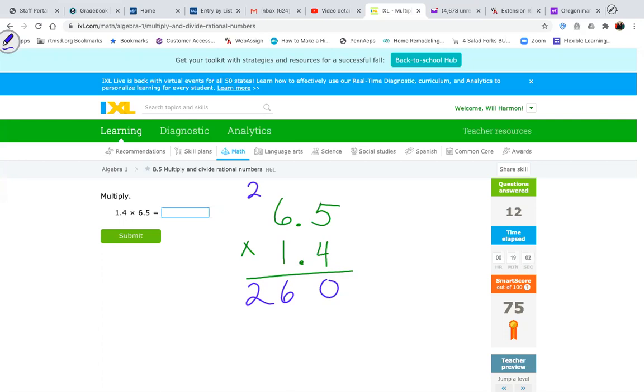All right. Julie, what do I have to remember to do? Decimal point? Not yet. Remember, since I moved over a column, I need to put my 0 there. Okay? Now, let me use a different color.